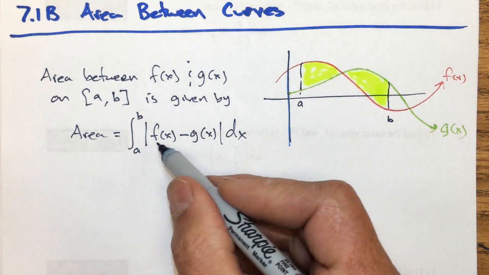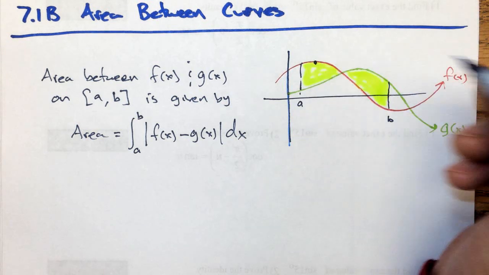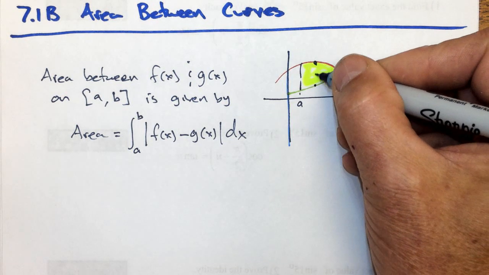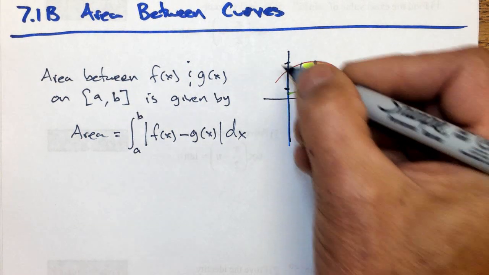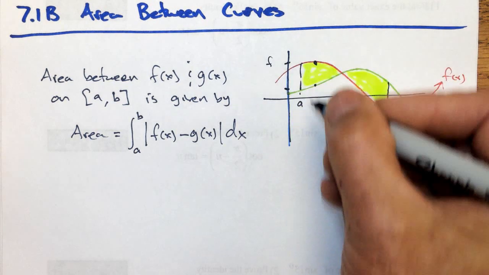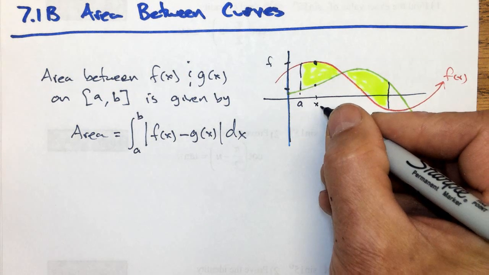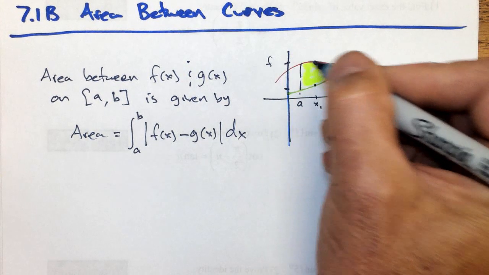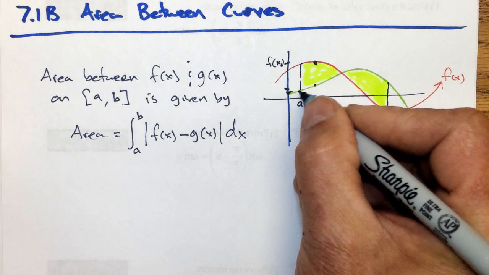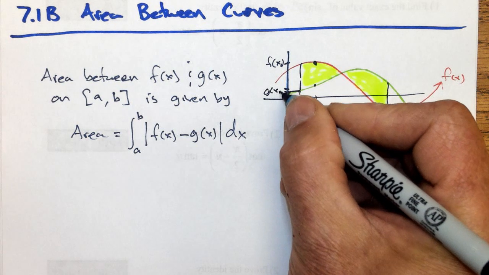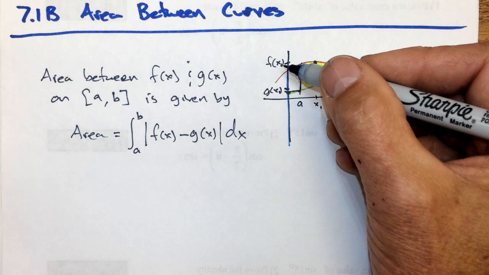Now, what we're really doing is subtracting the output. If we look at the output of f and subtract off the output of g, we're looking at the distance between these 2 points on the number line. This is f of x1, and right here would be g of x1, and the distance between those would be just f of x1 minus g of x1.